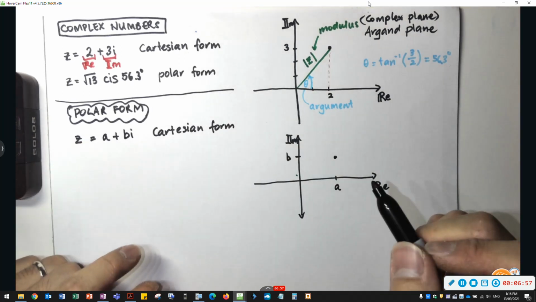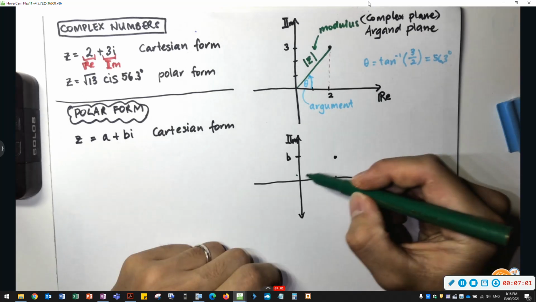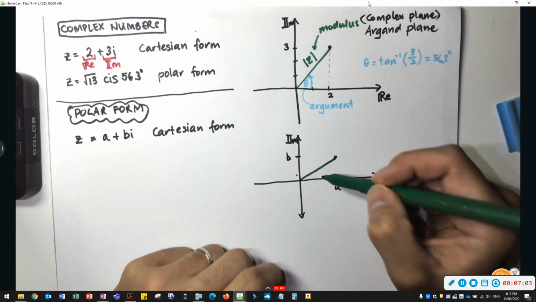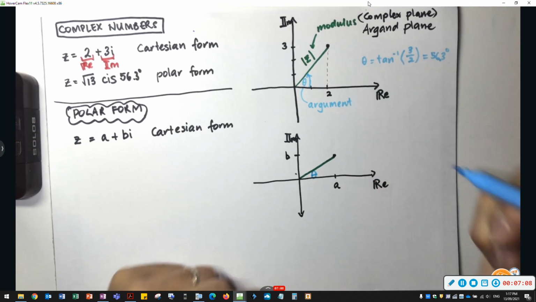So to get it into polar form, what we want to know is this modulus, and we also want to know the argument.